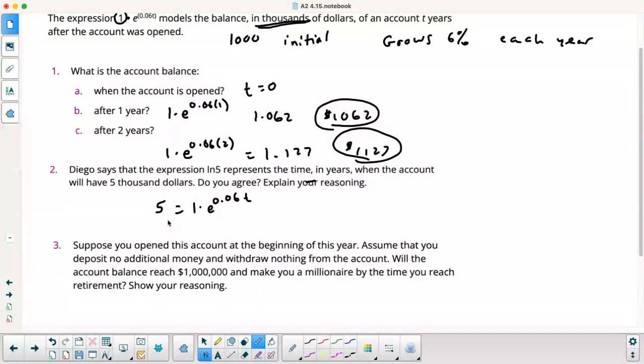So get rid of the 1 because I could divide each side by 1. 5 equals e to the 0.06t. Let's solve for t. So I'm going to write it in log form. So log base e, ln of 5, is 0.06t. So he's close, but to get t by itself, I'd have to divide by 0.06.